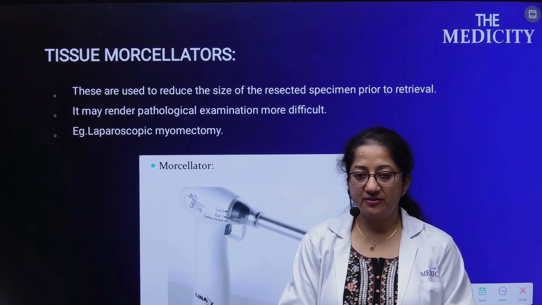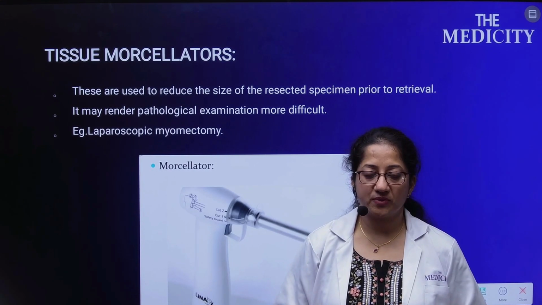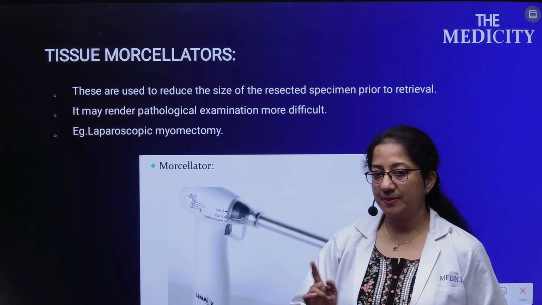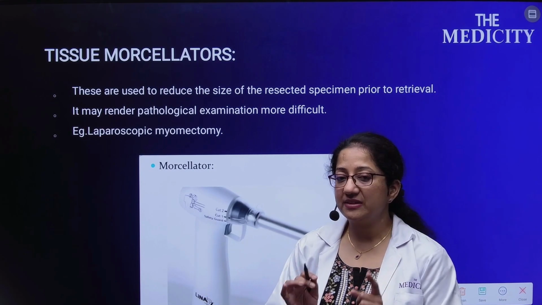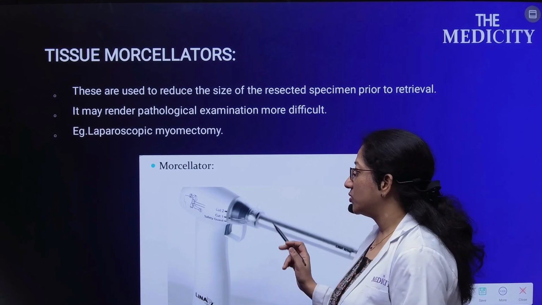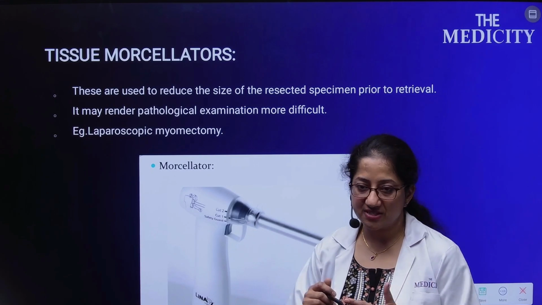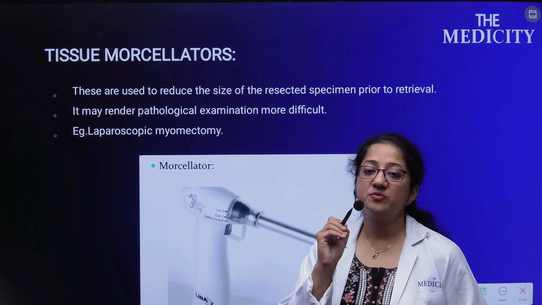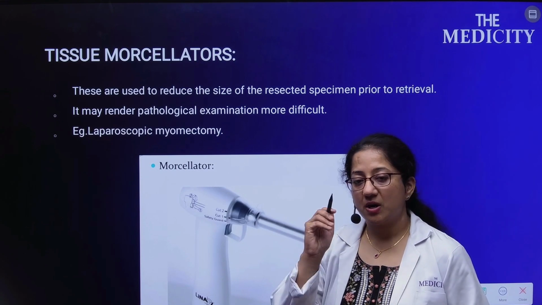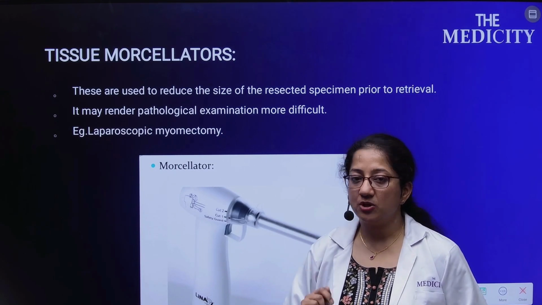Because for a fibroid, there is no other place to take it out. So morcellators help in removing large solid tissues, but the one thing we need to take care of is that morcellators are really invasive. They can cut through any tissue which comes in their way. So we have to be very careful while using them. Bowel injury can happen if we are not careful.